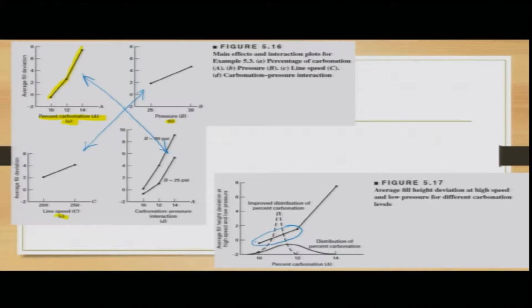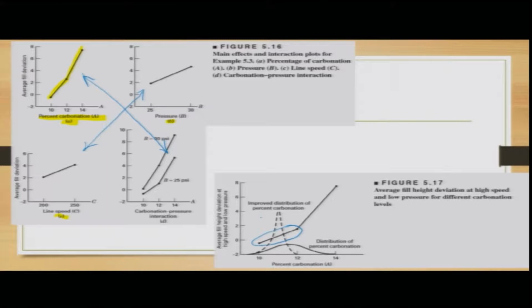So, when we plot the percentage carbonation and try to find the improved deviation distribution, considering normal distribution, you will be able to find that the deviation has really decreased. That is what our aim would be.